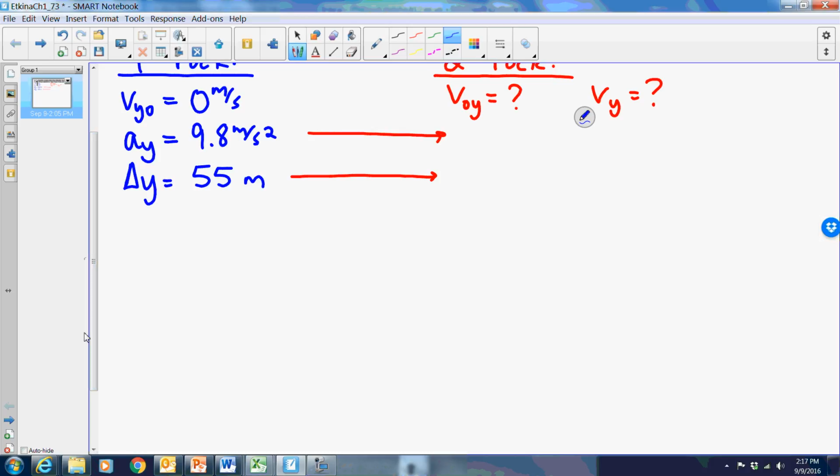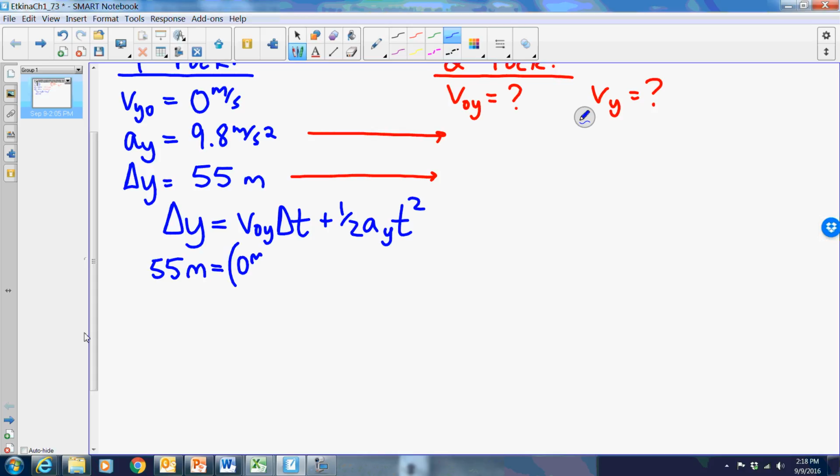Okay, so I'm going to use the equation that doesn't require me to know the final velocity of that rock. So I'm setting this equal to, okay. And here I know again that it's fallen 55 meters.